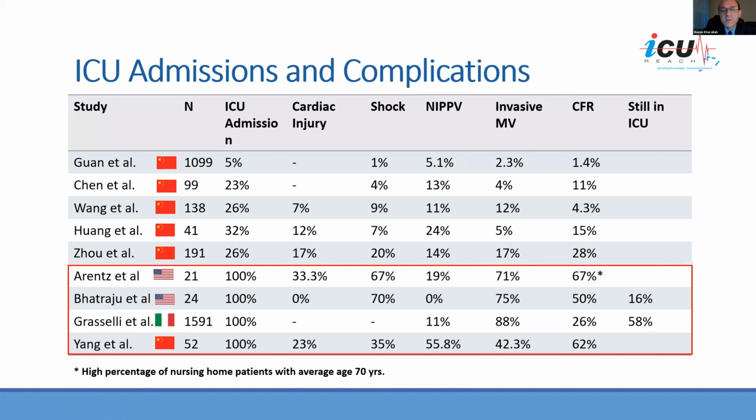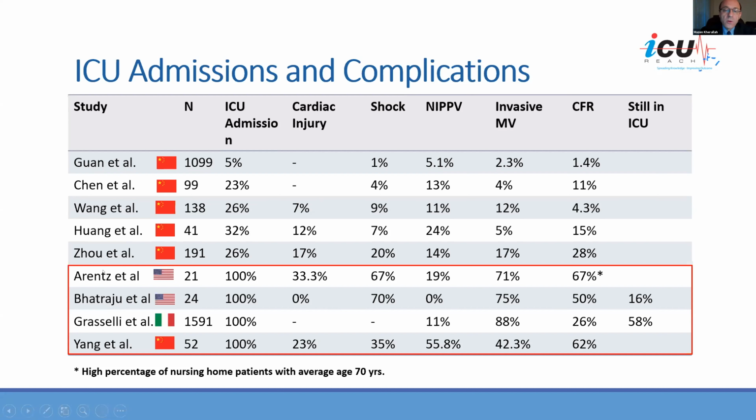The cardiac toxicity seen in patients with severe disease is between 7 and 17%. Shock was seen in up to 9% of the cases, and invasive mechanical ventilation was done in between 5 to 17% of severe cases in the hospital.